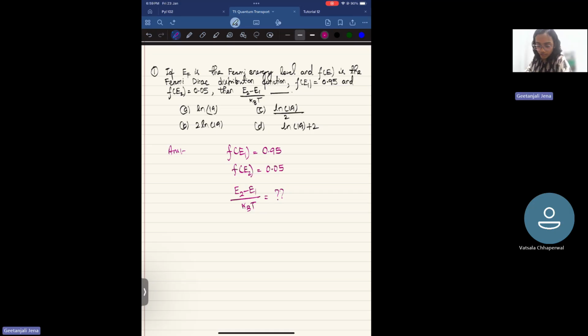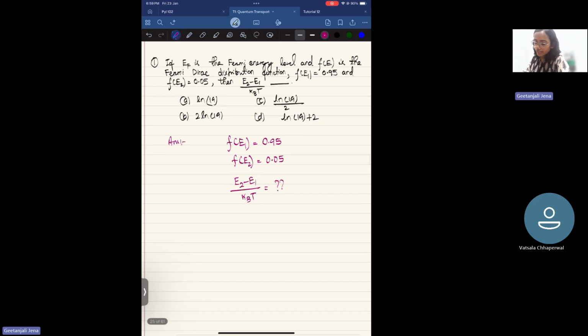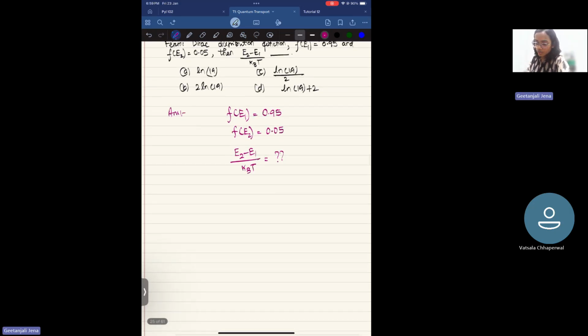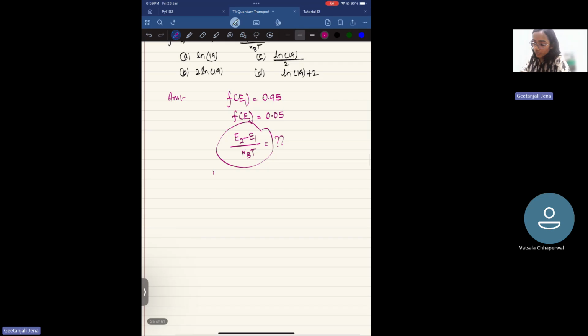Okay, let us go through the problem now. It is directly related to the Fermi-Dirac distribution. You just need to put E1 and E2 and find out what E2 minus E1 by KBT is. If we recall, f of E is given by 1 by 1 plus e to power (E minus EF) by KBT.